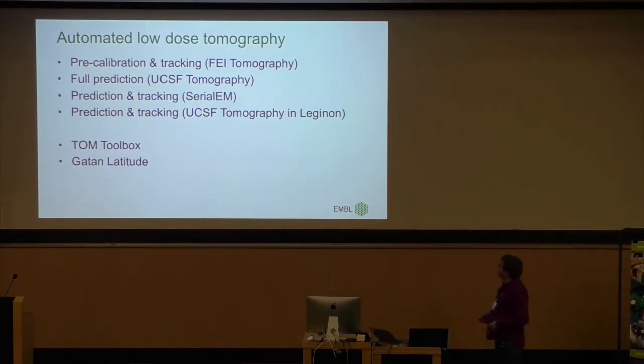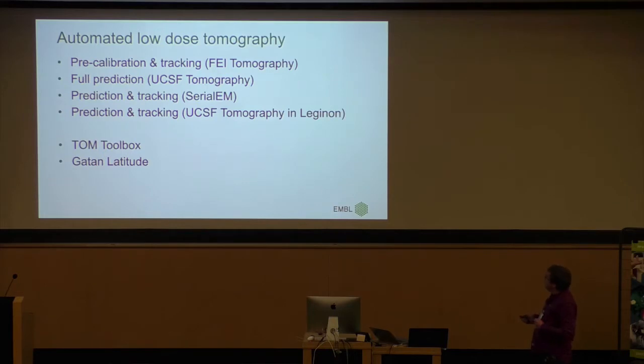Software. So I started using in the beginning FEI software, FEI Tomo, which was based on the things that Bram Koster developed in 2001 or 2, I think, where they did pre-calibration and tracking. So you take a tilt series, you measure the shifts, and that's what you apply. That's something that surfaced recently again, but it's a very old idea.